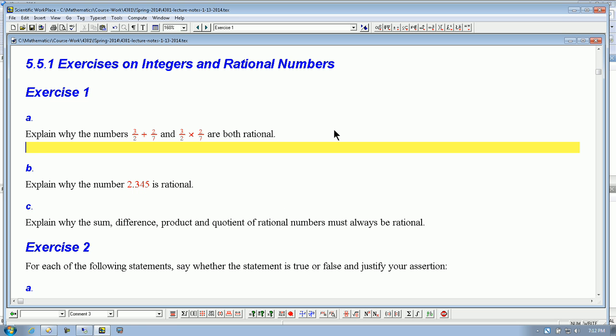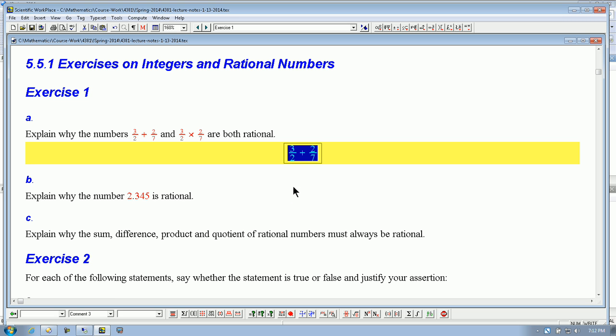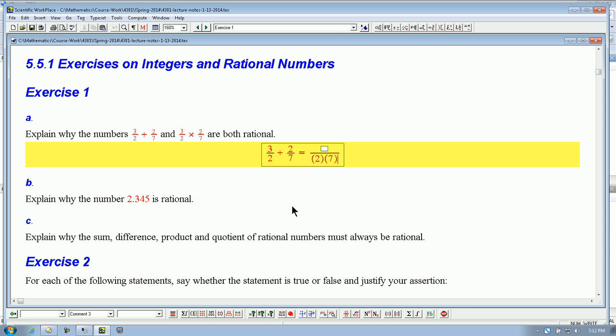Would you like to see why this number here is rational? You know, it's an elementary school problem, because all you have to do is add these two fractions over the common denominator, 2 times 7. Isn't that right? You might even know that 2 times 7 is 14, but I don't know that kind of thing.